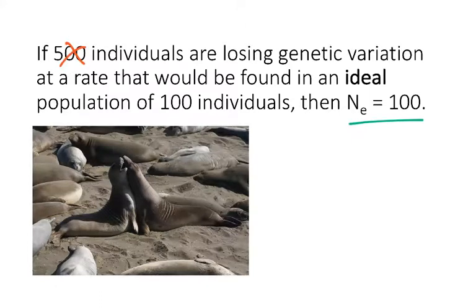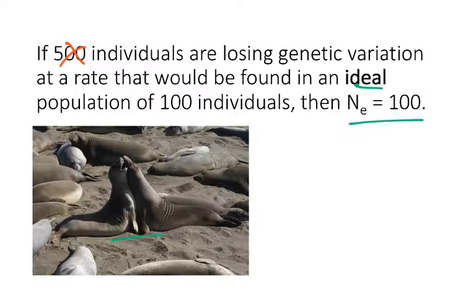Okay, what do we mean by ideal population here? An ideal population would be a population where we have random mating or equal numbers of offspring per parent, for instance. If we go back to that elephant seal example, based on what we know about elephant seals, we can say that they have a lot of characteristics, based on their reproductive strategy, that would mean they're not ideal. We have these males that fight for access to different females, so some males don't get to reproduce at all.